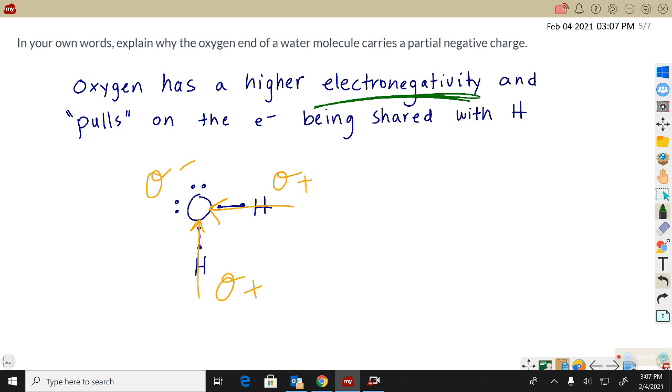That because oxygen has that higher electronegativity, it's pulling on the electrons that are shared between the oxygen and the hydrogen. So that electron pair, if it's being pulled closer to oxygen and electrons are negative, makes that oxygen region slightly negative. Something about electronegativity being higher for oxygen, and then maybe explaining what that would mean.